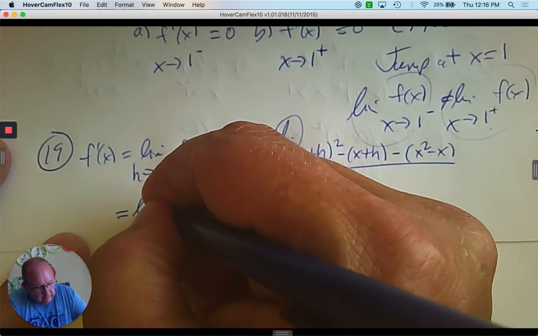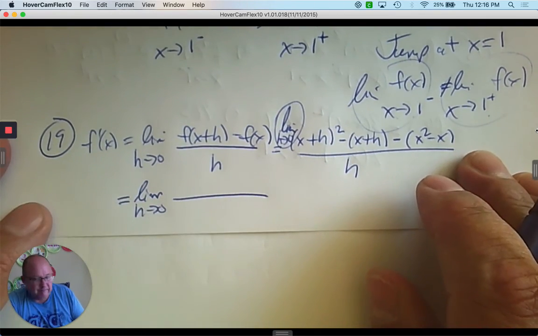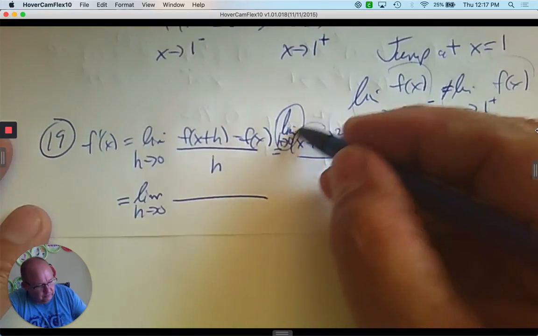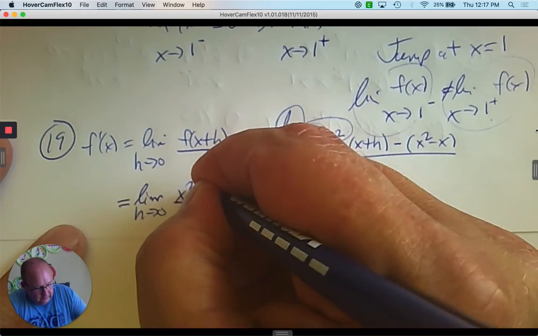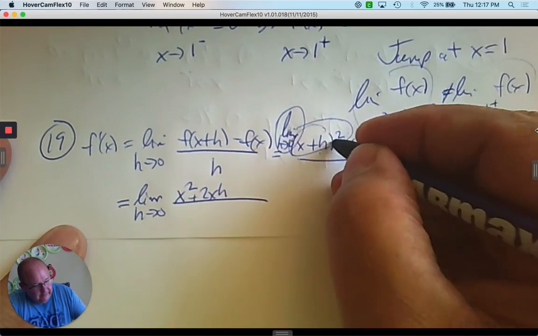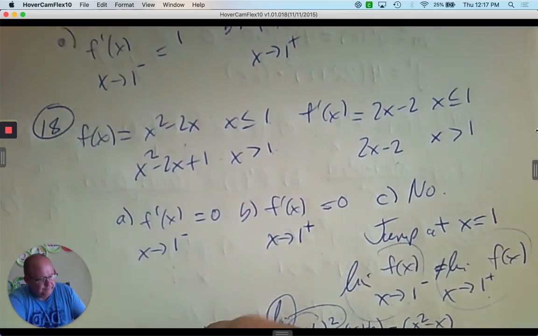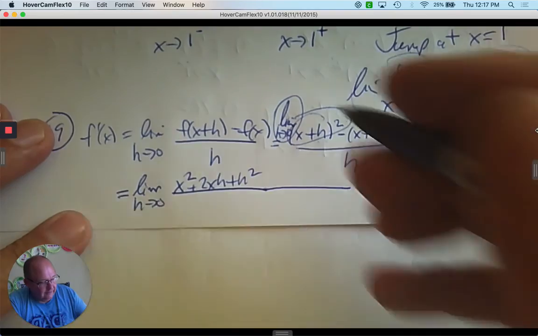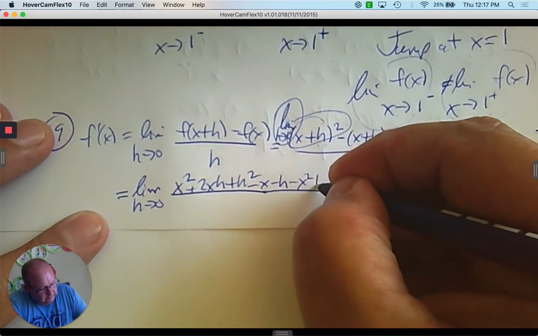So I will remember it now. Limit as h approaches 0. Don't drop that notation. All right, let's do some algebra. Can you expand this just in your head? X plus h squared. That is x squared. You multiply the terms together and double it, and then h squared. Subtract x, subtract h, subtract x squared plus x.